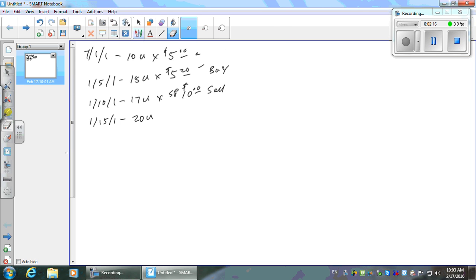Beginning inventory. Obviously, I guess. Okay, and then we got to sell. And let's make this another buy. Okay, so 20 units at, I don't know, $5.40 per unit. Got it? Okay.